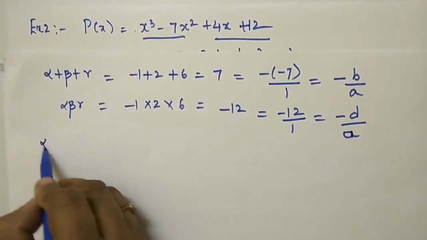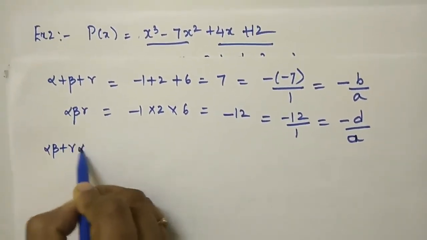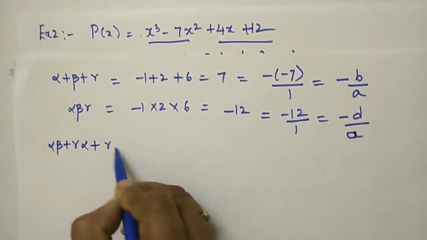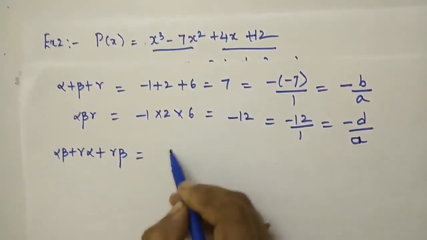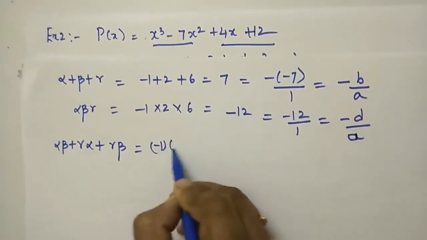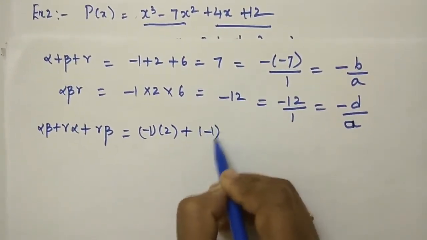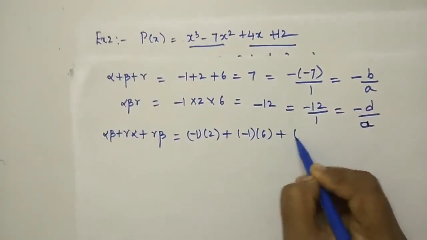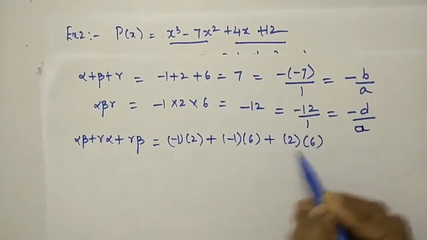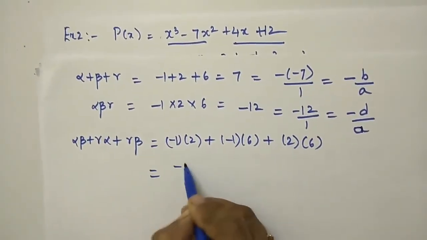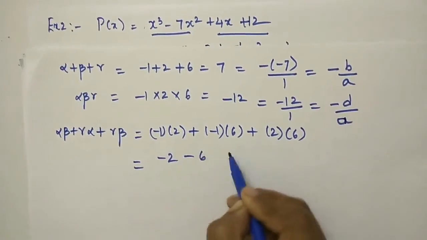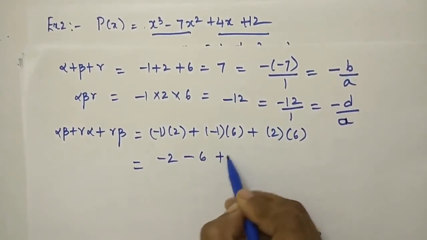Now calculate alpha beta plus beta gamma plus gamma alpha. This is equal to minus 1 into 2 plus minus 1 into 6 plus 2 into 6. This is equal to minus 2 minus 6 plus 12.